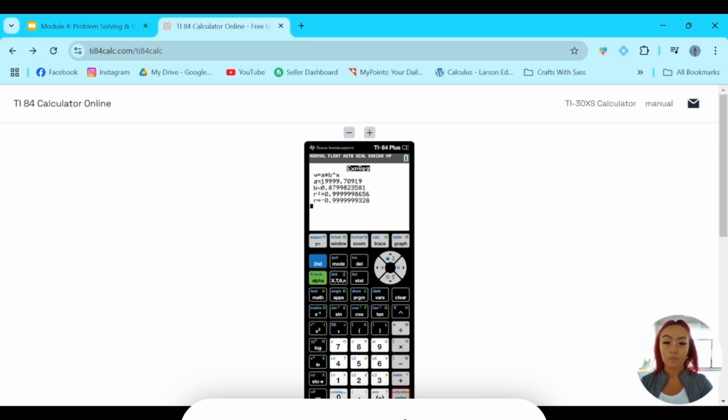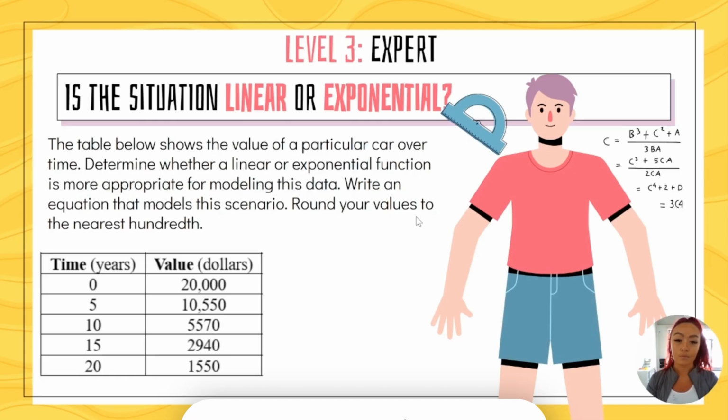They give you the form of the equation, y equals a times b to the power of x. Here's your value of a. We know that a is the initial value, the y-intercept, so we know that's 20,000. The table gives us that. And b is the value that we're looking for here, so we're just going to round that to the nearest hundredth and substitute it into the equation.